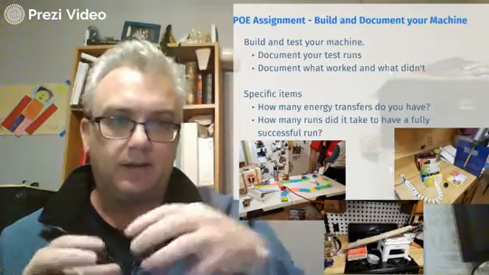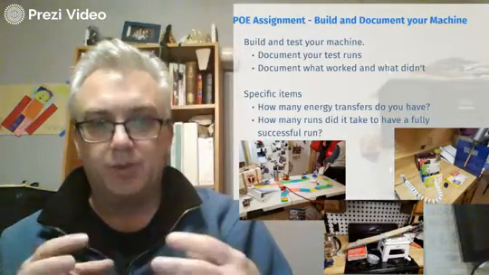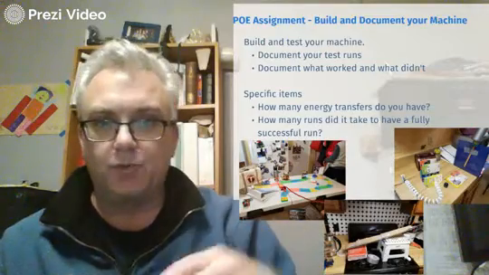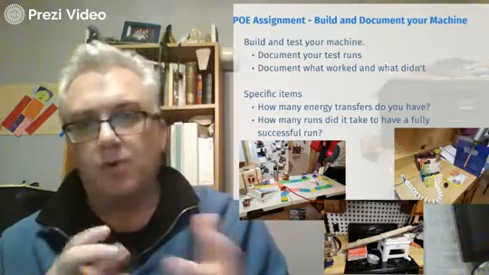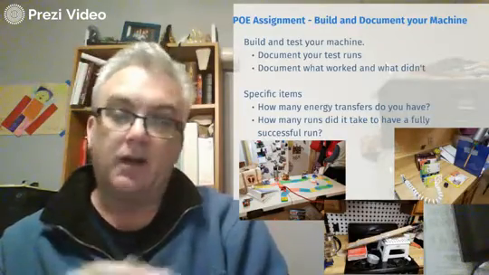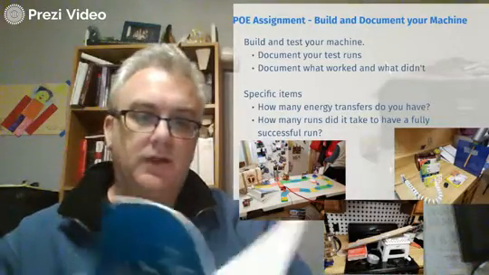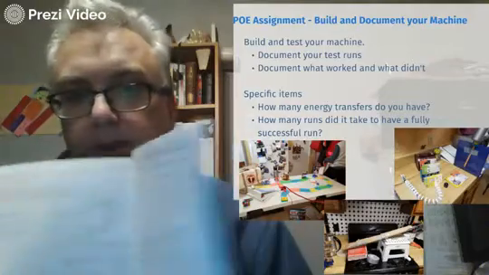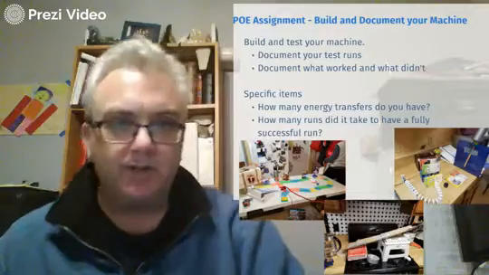I couldn't figure out how to get the dominoes to work exactly the way I wanted, so I built a little test run with just dominoes and decks of cards to get that to work out right. I want you to do that and document those, and then document what worked and what didn't work. I had a lot of things that didn't work, and if you had a good look at my notebook, you would see that a lot of these things I thought about initially didn't even make it into my machine, because once I tried them out, they just didn't work.